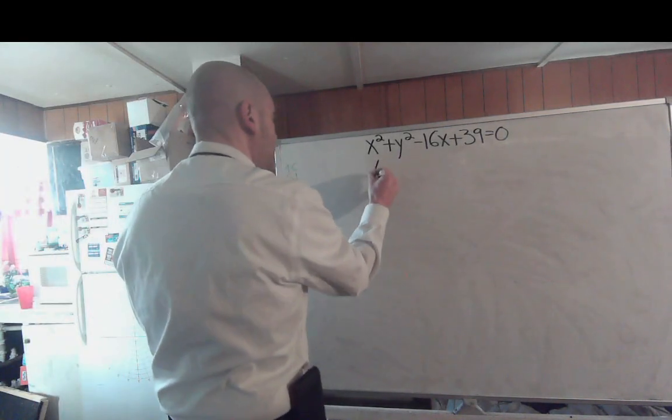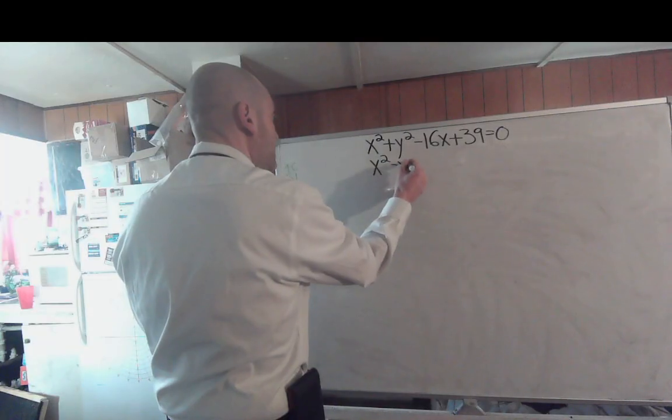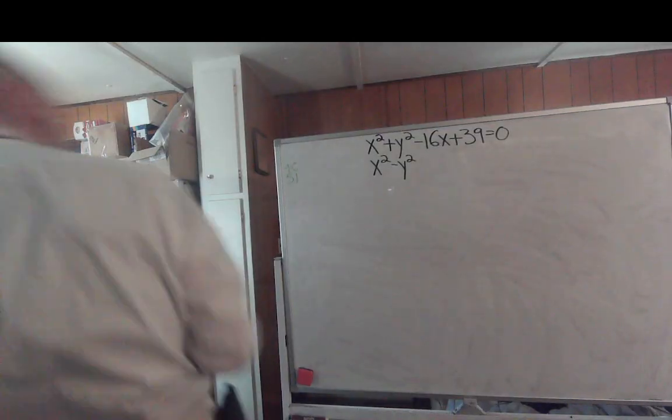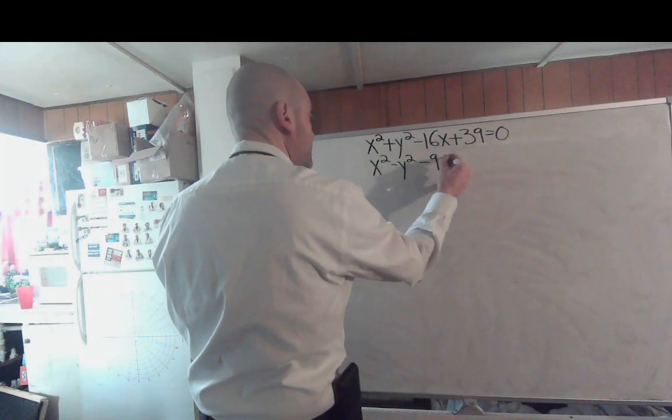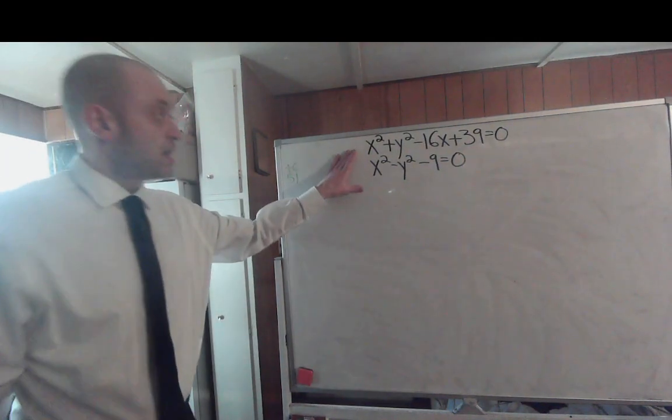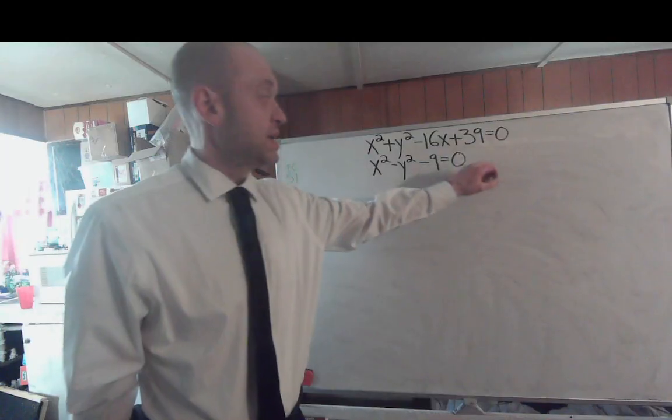Then we have x squared minus y squared minus 9 equals 0.